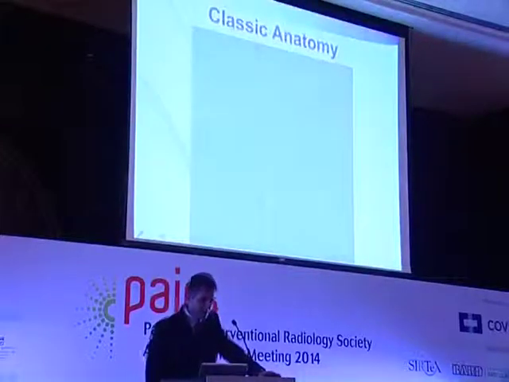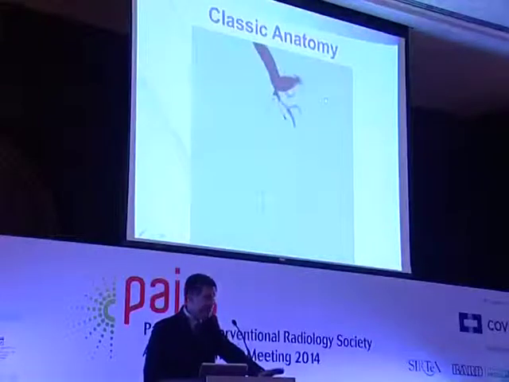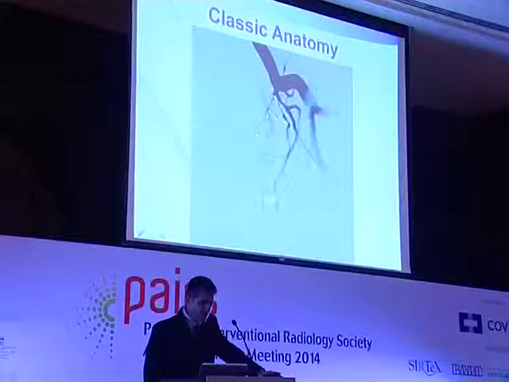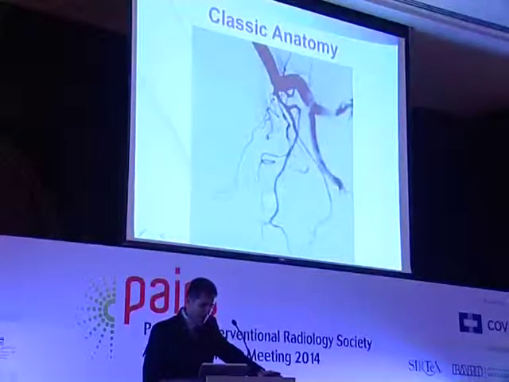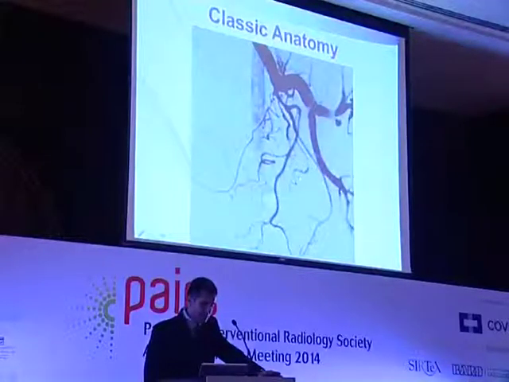Here you see this video. This is the classic anatomy of the internal iliac artery. The first one is the umbilical and the superior vesical artery. Here we have this shape that is the obturator. This is the middle rectal artery. This is the internal pudendal artery.